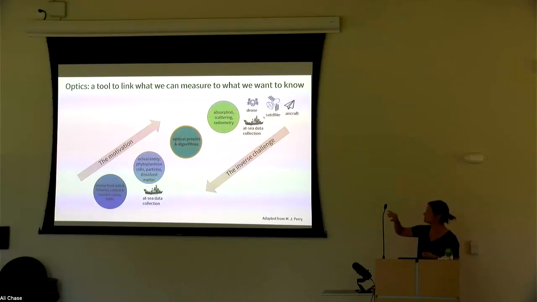But I think this is a nice way to visualize that it's really this tool that connects what we can measure to what we want to know. So it's heavy on the development of algorithms, trying to understand optical proxies, and how can we make these connections between what we measure and what we want to know. There was only a paper airplane aircraft, so that was the best I could do for airplane clip art.